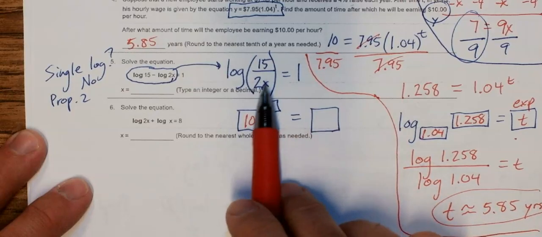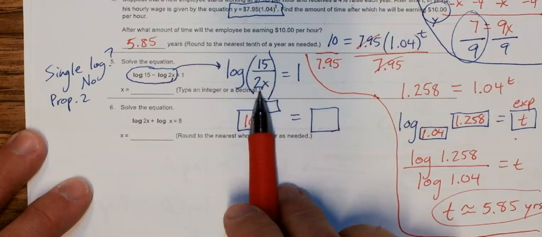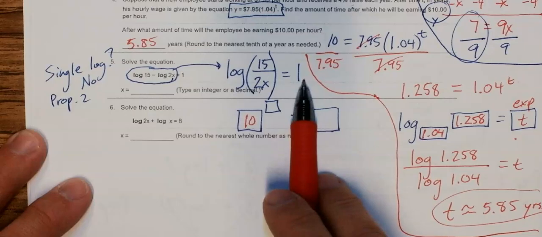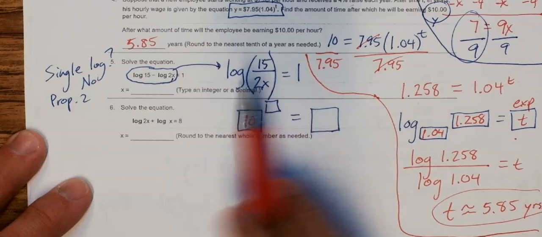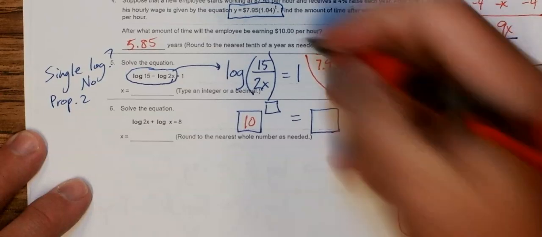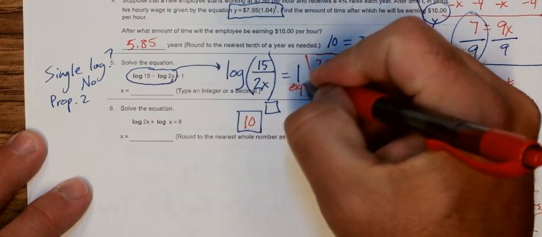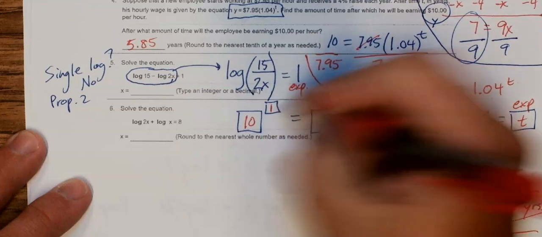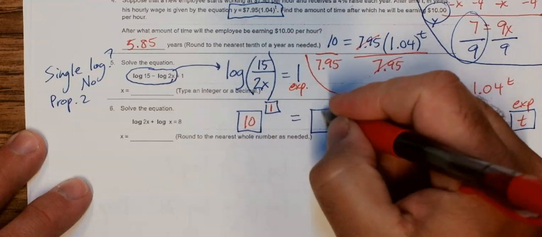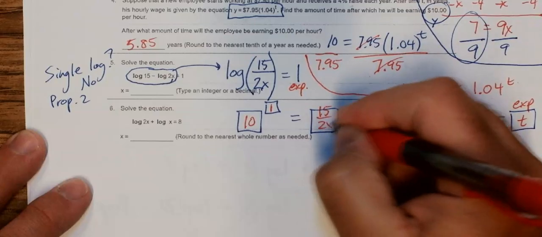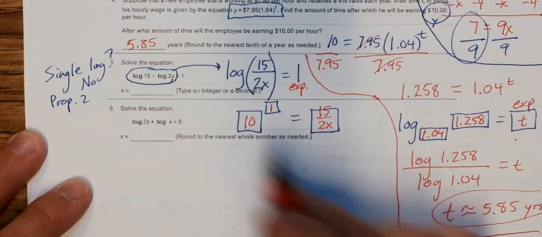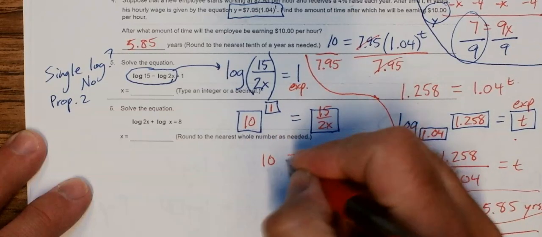Out of your choices for exponent, you have 1 or 15 over 2x. Which one of those is the exponent? 1 or 15 over 2x. Well, I hope you know by now, since we've pounded this into the ground, that it's on the other side of the log function. So it would be a 1, which would leave me 15 over 2x in this box. Most people call 10 to the first 10.